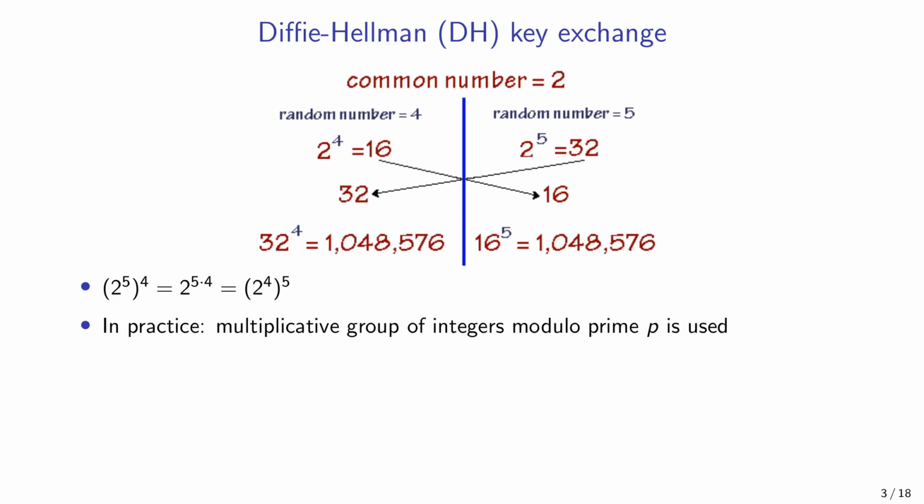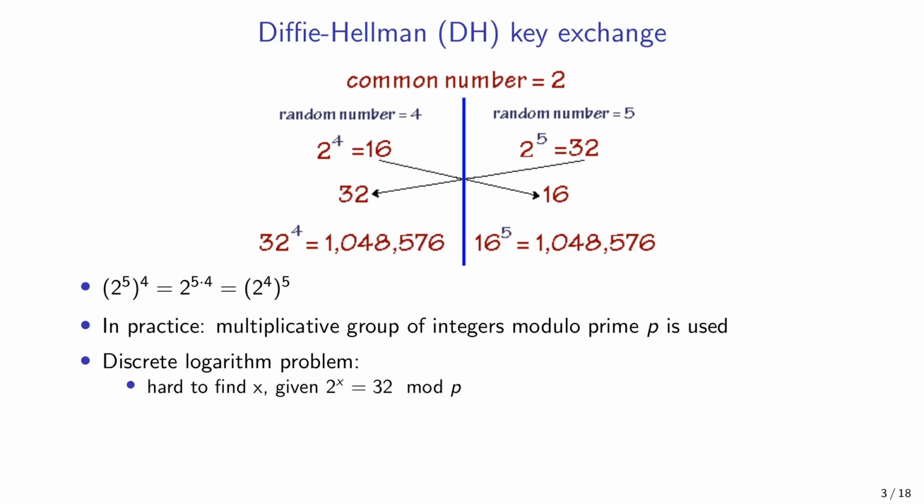So to achieve security, in practice, the multiplicative group of integers modulo prime p is used here. And in such a case, we call it the discrete logarithm problem. And it is defined as follows. It is hard to find x given that 2 to the power of that x is 32 modulo prime p.